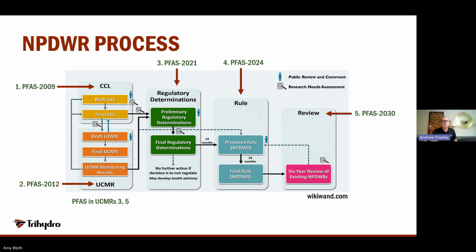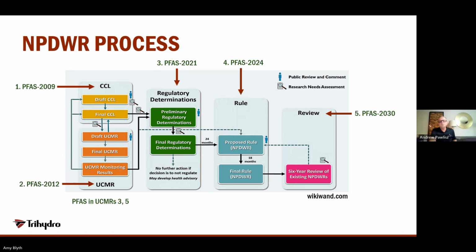One thing to keep in mind looking at this process is that every 6 years, there's a rule review and revision process, which for the PFAS rule will be taking place in 2030, when additional PFAS substances might be added or revisions made to ensure continued protection of the public.